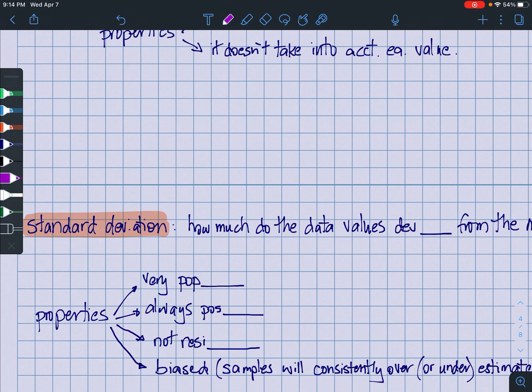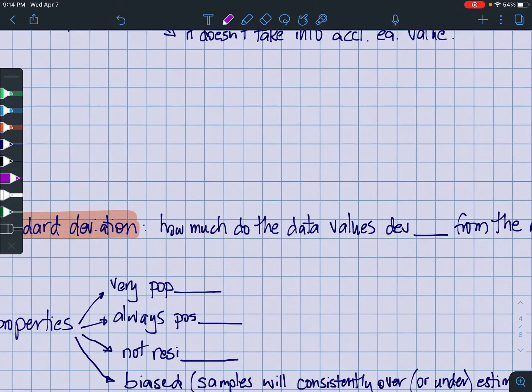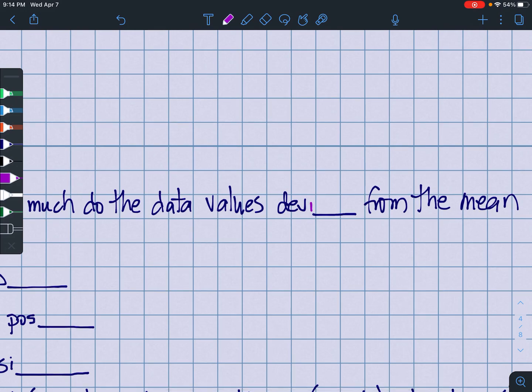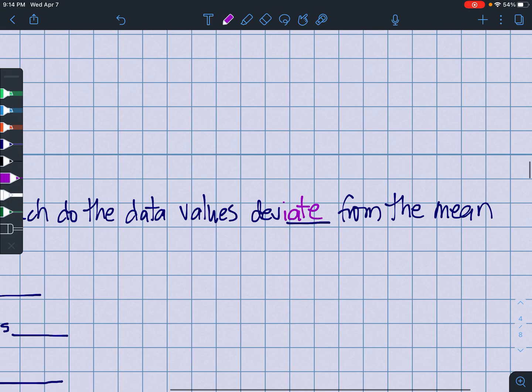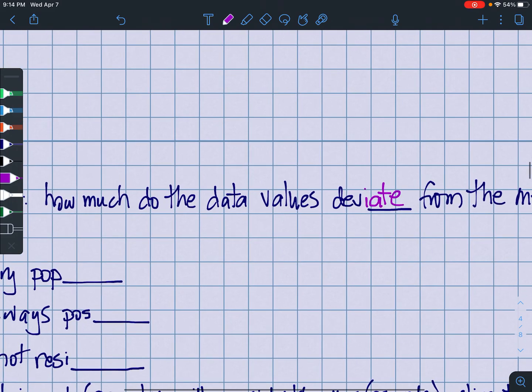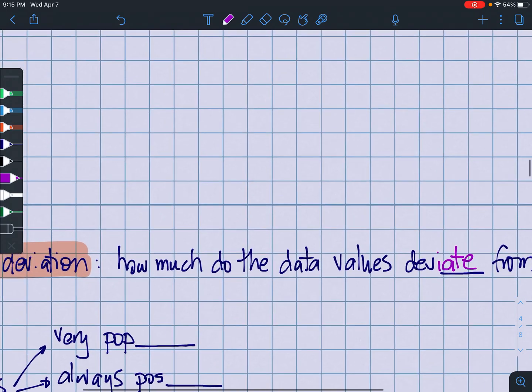And literally, what does standard deviation mean? It means how much do the data values deviate from the mean. All right, and we're going to arrive at a number, and that number is going to tell me how far, in general, are those items from the mean.